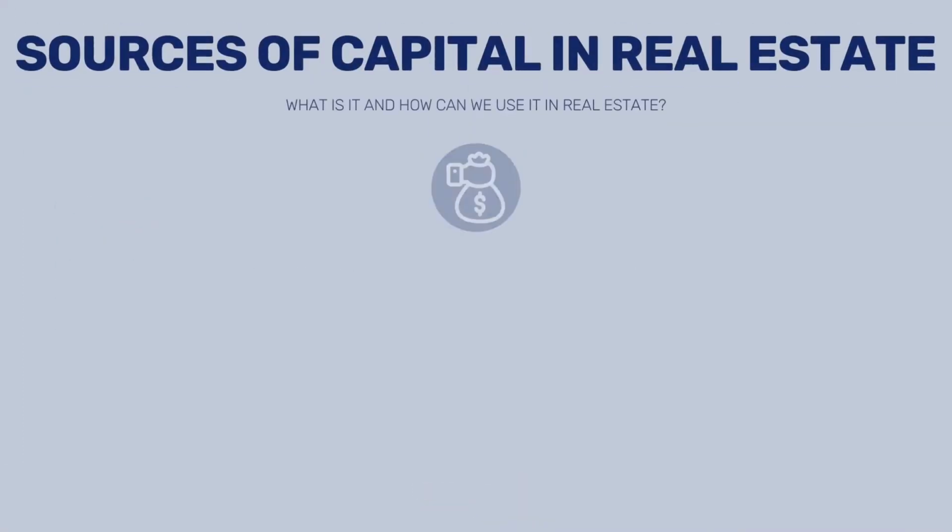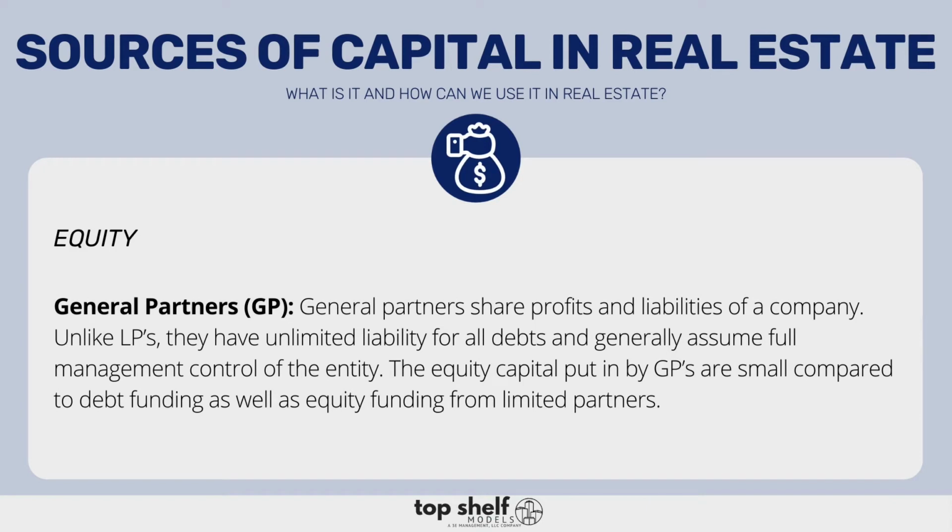General partners, however, share profits and liabilities of the company. Unlike LPs, they have unlimited liability for all debts and generally assume full management control of the entity. The equity capital put in by GPs is small compared to debt funding, as well as equity funding from the limited partners.